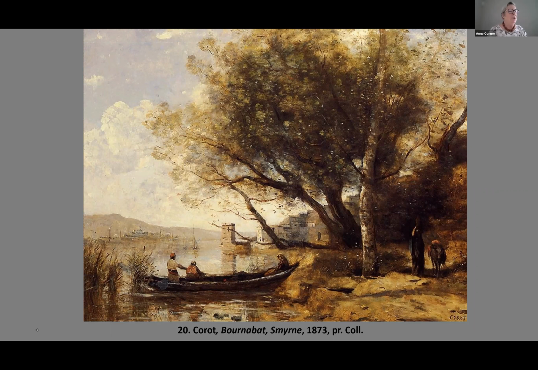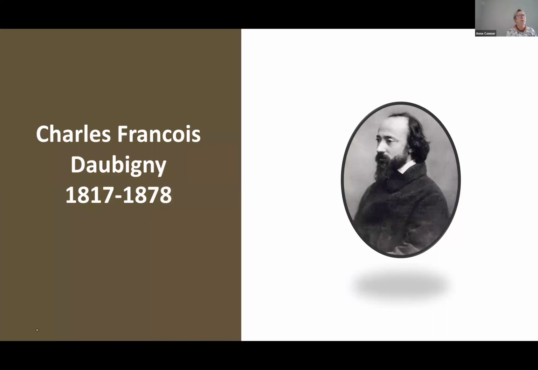One of the most known figures of the Barbizon is Daubigny. He was not the oldest, but he was a kind of father figure. He was also more successful than Corot had been, and quite a nice painter.